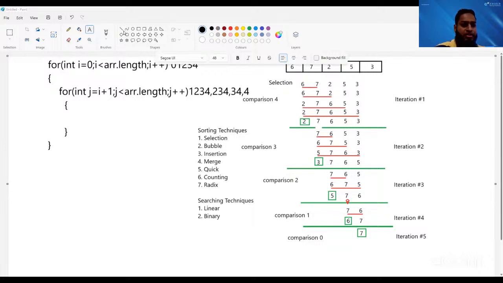Second example is if a large fish, let's say a whale, dies inside the ocean, the waves will wash away the whale to the seashore. The first wave will come and move it slightly. Second wave will come, move it slightly.